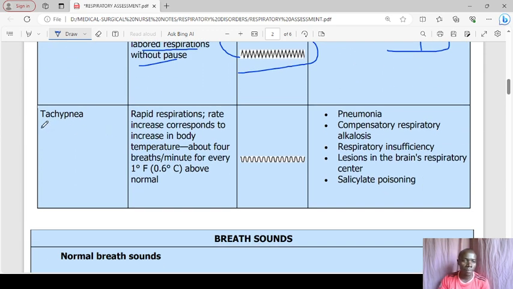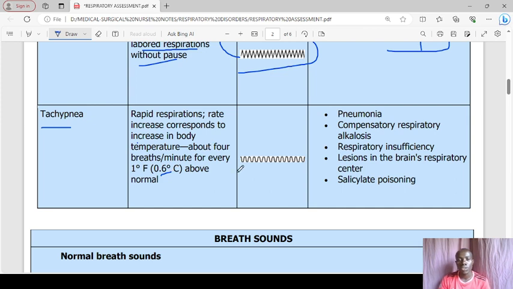Lastly, we have tachypnea, and this is a rapid respiration. So the rate increase corresponds to an increase in body temperature. Generally, we normally say we have about 4 breaths per minute for every 0.5 degrees Celsius above normal. Okay, so for every 0.5, we have the 4.